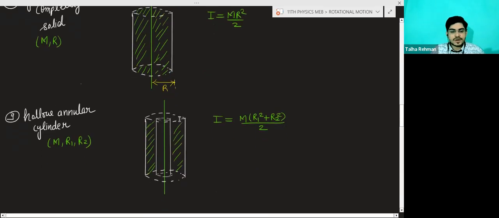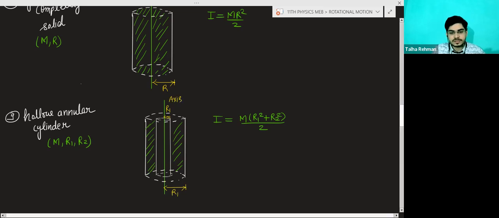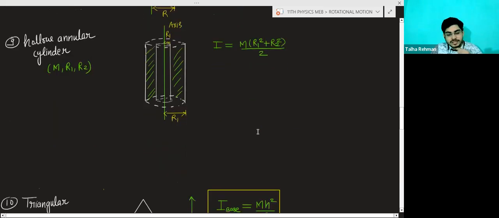Annular cylinder means a hollow cylinder having some thickness. This radius is r1, and this radius is r2. So the moment of inertia about the axis of the cylinder will be m into r1 square plus r2 square divided by 2.